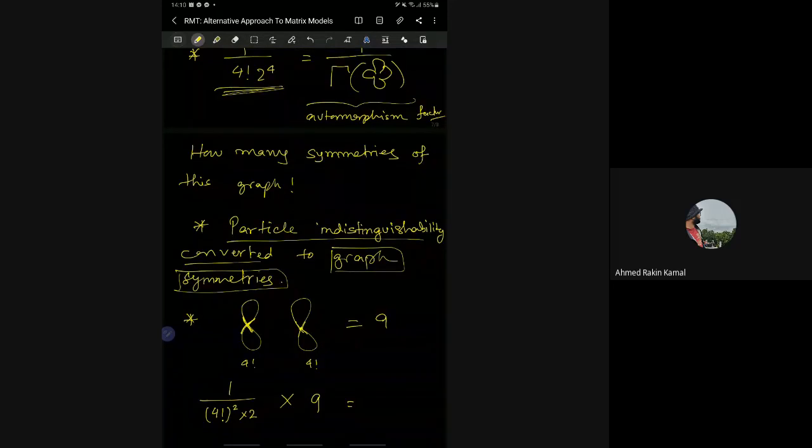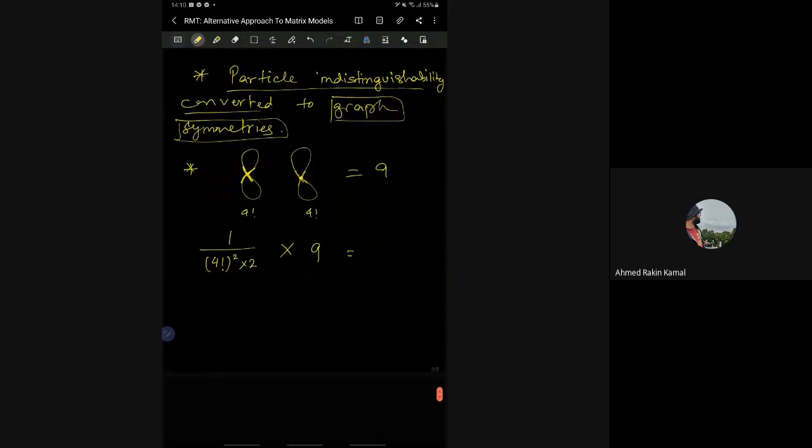I expect you to ask me questions because some of you might be confused. What are we counting actually? Think of it like this: 4 indistinguishable particles, that is 4 indistinguishable legs, right? So we divide by 4. Why are we calling legs particles?